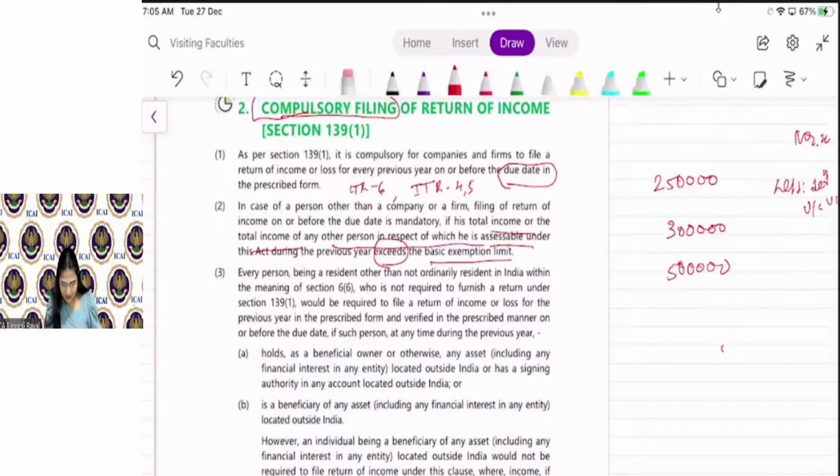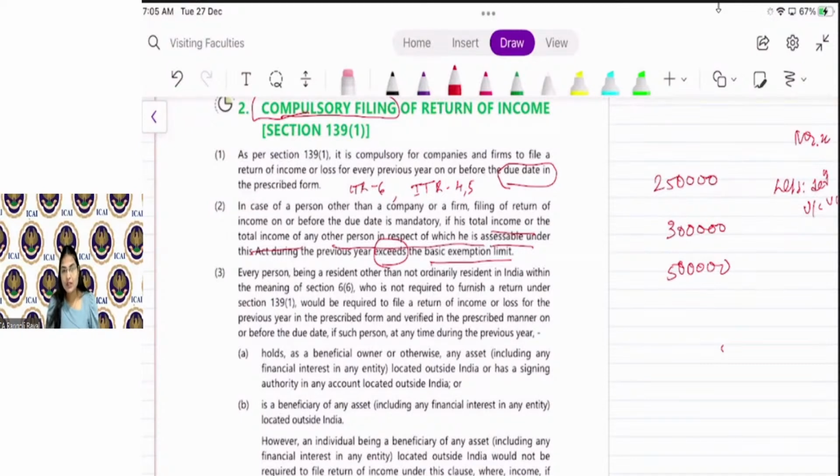Now, every person other than not ordinarily resident in India, that is non-resident and resident but ordinarily resident in India, who is not required to furnish return under 139(1), say for example they have gross income less than 2,50,000, so they are not required to file return of income under 139(1).